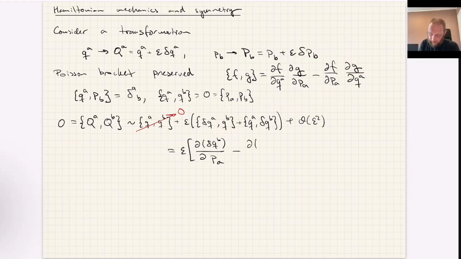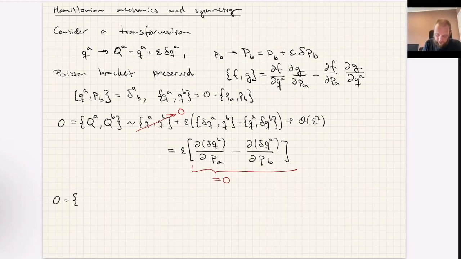D delta QA dPB, right? Plus the higher order terms again, but I'm not going to care about those. So this means for this to be 0, to linear order in epsilon, this must be equal to 0, right? And I can do the same thing here for the p's, for the new p's.